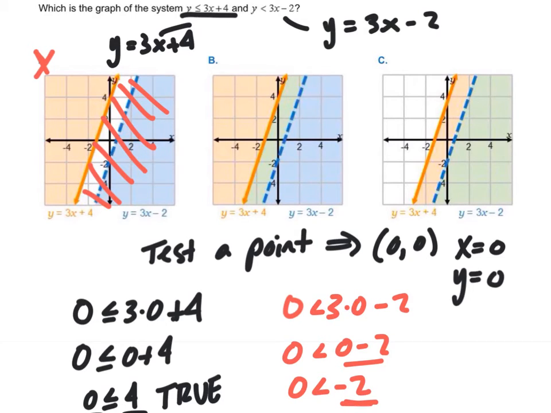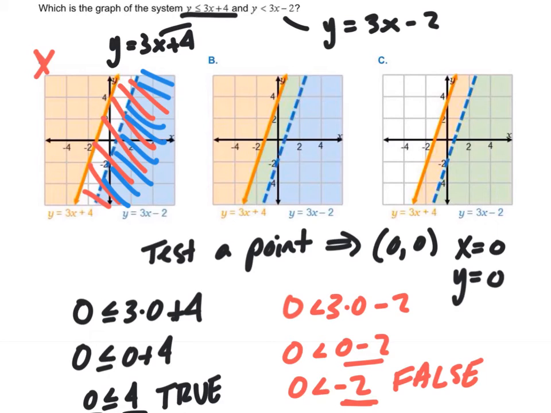Negative 2 is not larger than 0. This is false. So because that's false, we would shade below here.